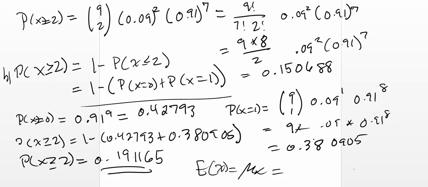Sorry, this expected value is equal to n times p, and that's equal to 9 times 0.09, which is equal to 0.81. So on average there are 0.81 bullseyes in 9 arrows, and that's the end of this case.